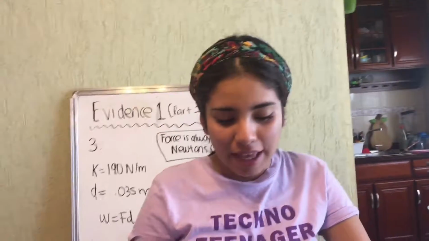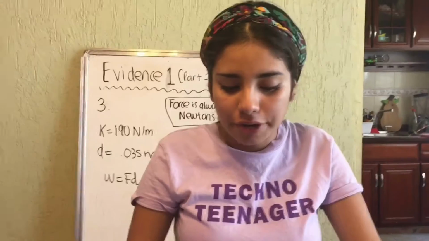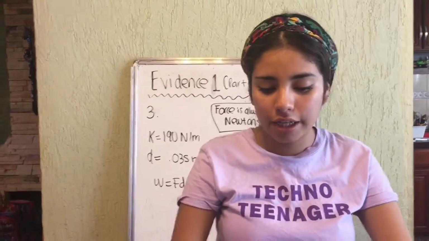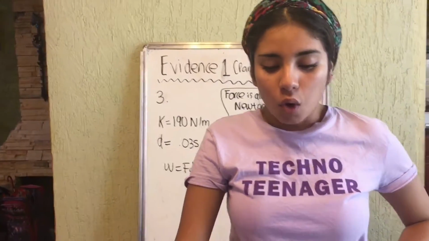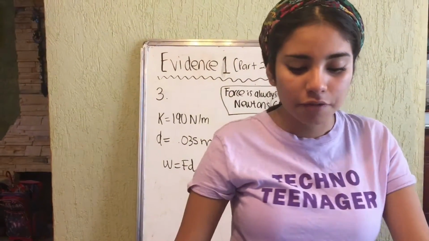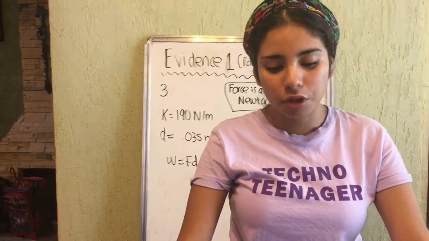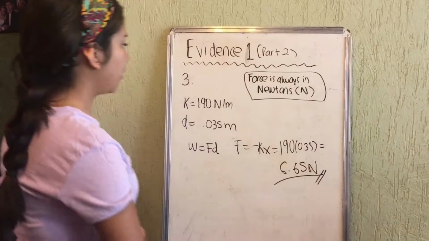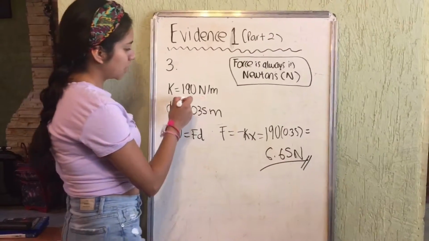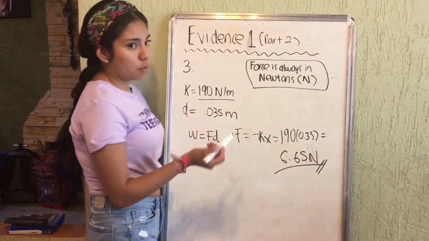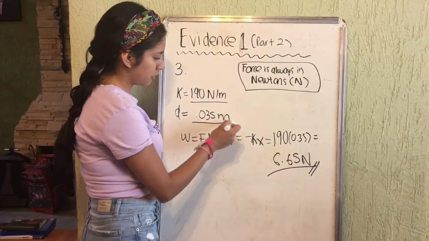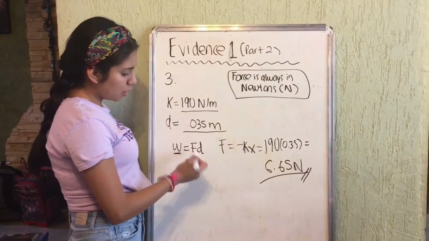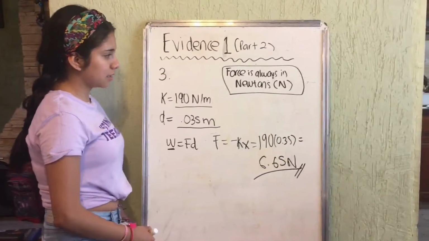Problem number 3. A spring is compressed a distance of 35 millimeters. If its constant is K equal to 190 newtons per meter, what work does the compression force of the spring perform, and what is the potential energy acquired by the spring? Okay, we have to identify our data, that is the constant, and our millimeters, but I already changed it to meters. So we know that work is equal to force times distance.